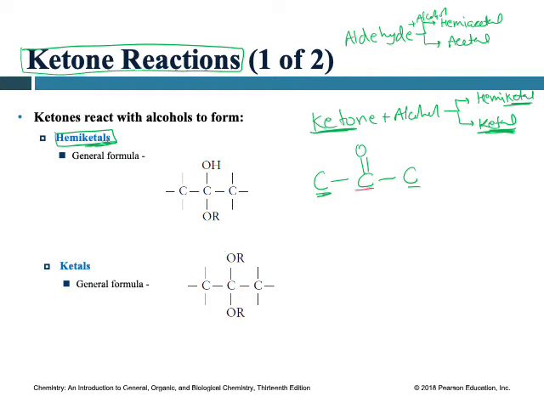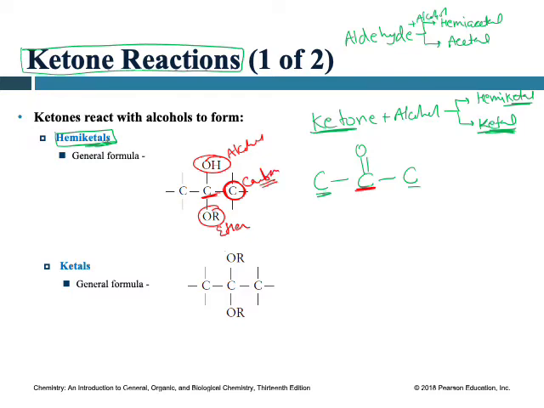So to make hemiketal, the carbon of the carbonyl group should be attached with an alcohol, which is this, and an ether group. This is alcohol, and the fourth position should be attached with one more carbon, right?